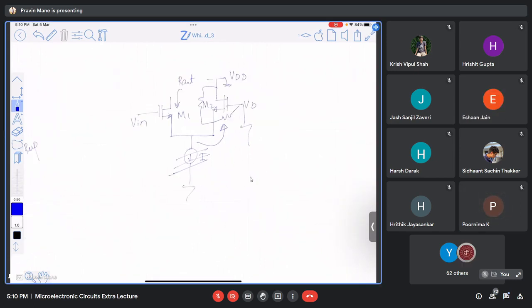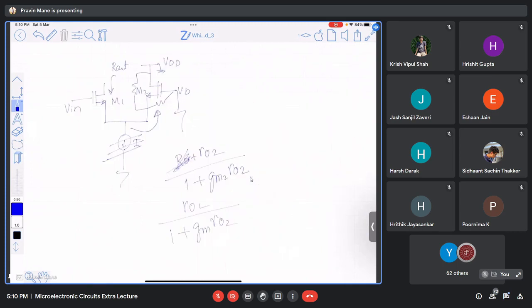Even if I apply the formula, what formula I said, RD plus RO divided by 1 plus GM2 RO2, right? What is RD in this case? 0, right? So it is RO2 divided by 1 plus GM2 RO2, right?